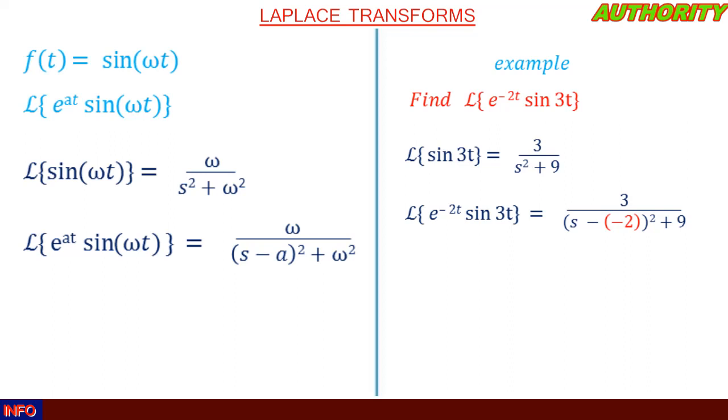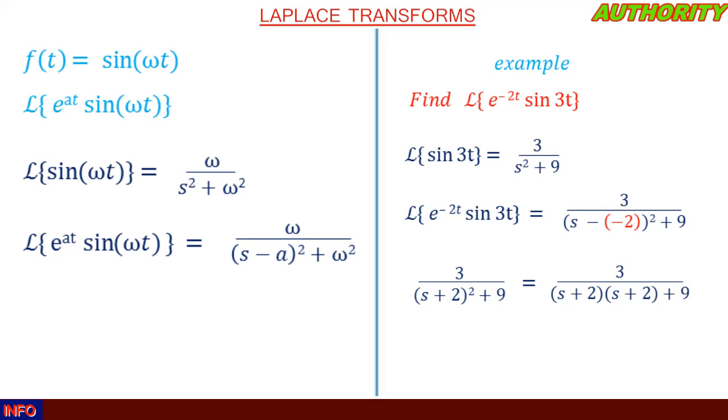Okay, when you open the inner bracket, minus times minus will give us plus. So we have s plus 2 in bracket squared plus 9. All right, good. Now this s plus 2 in bracket squared is telling you to multiply it by itself, right? That means we're going to have 3 all over s plus 2 in bracket times s plus 2 in bracket plus 9. Okay, it's still the same thing, right?